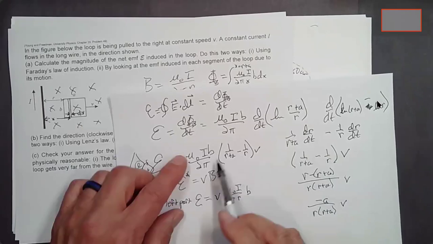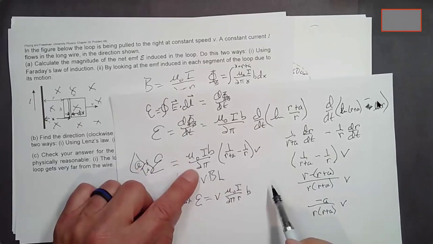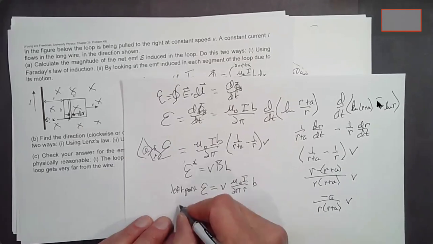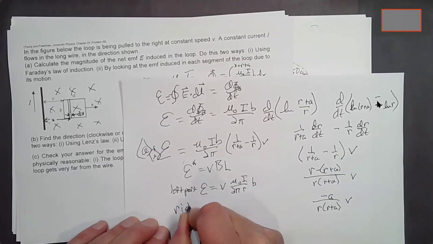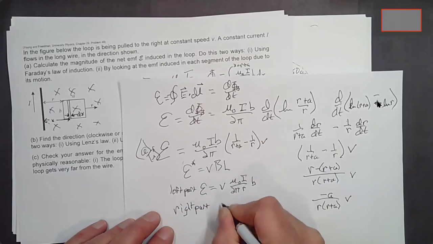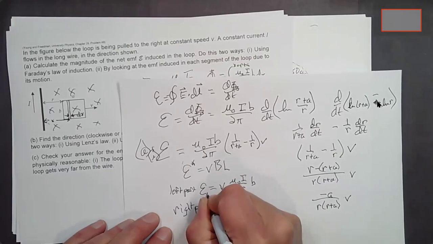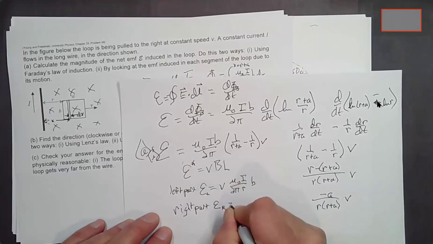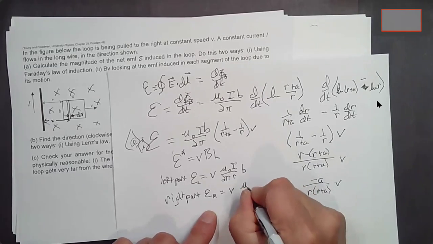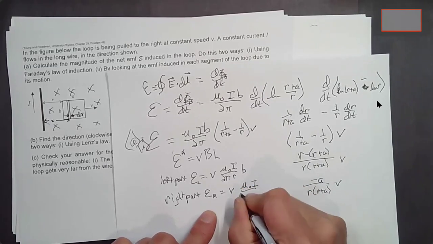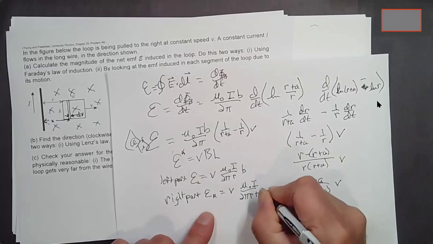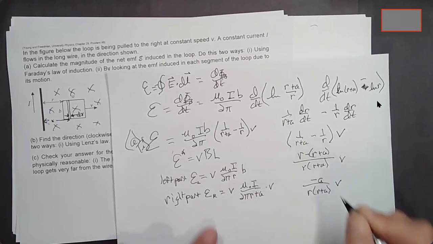So does that look like anything we've got? Kind of. Like that. And then for the right part, I'll call this E sub L and E sub R. We'll have v times mu naught I over 2 times pi times (r plus a) times b.